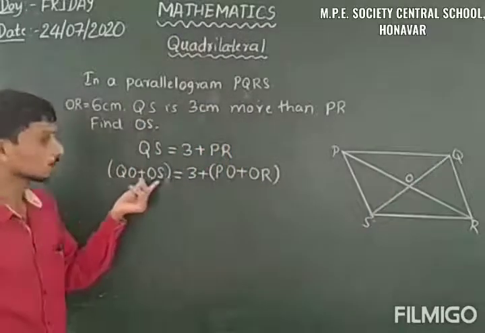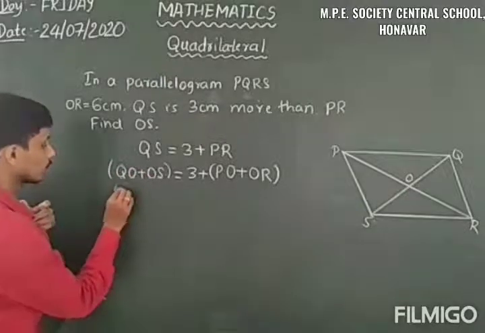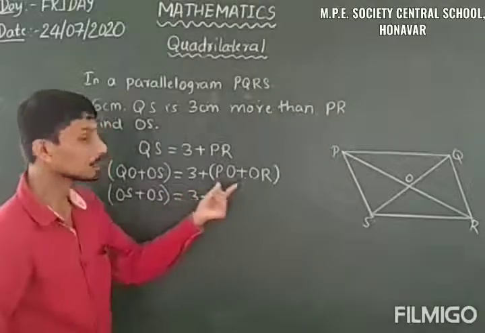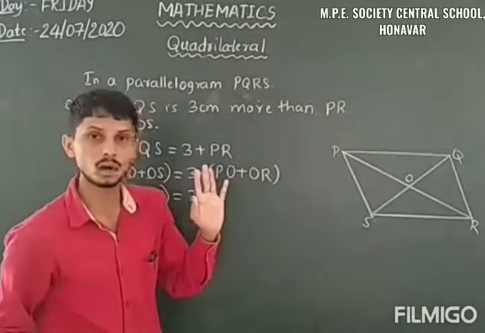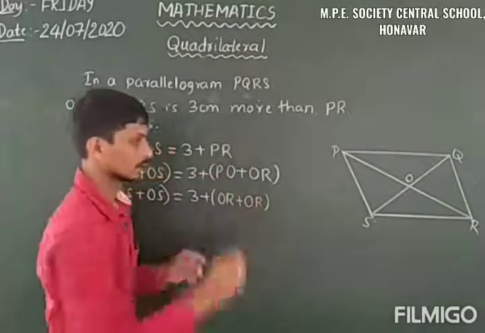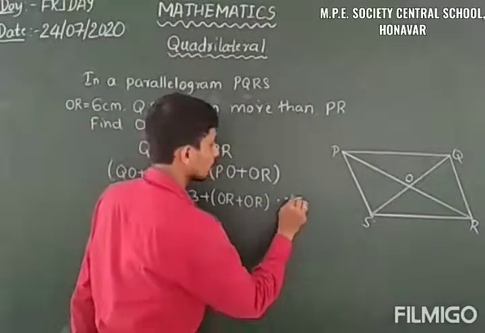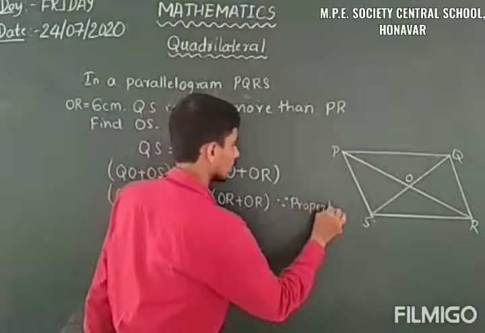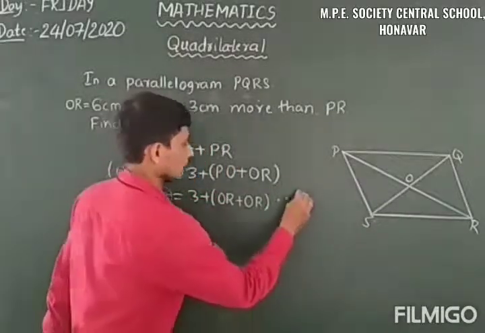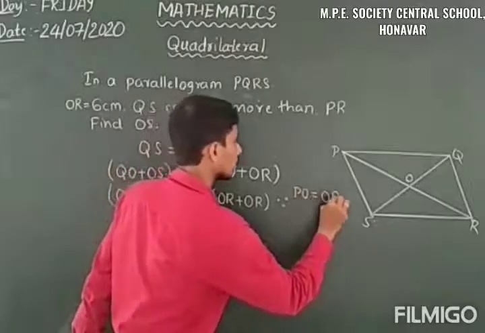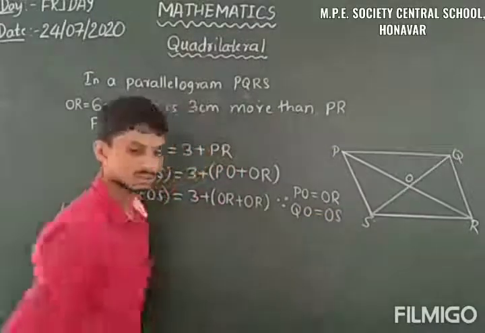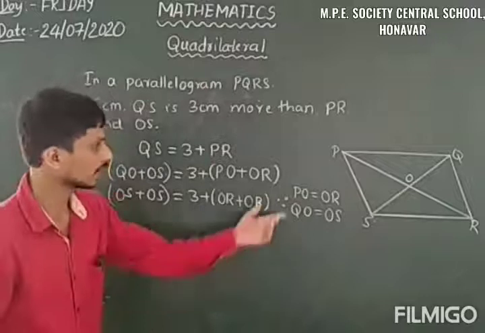So QO plus OS, I will write as OS plus OS is equal to 3 plus PO plus OR, which I will write as OR plus OR, because PO is equal to OR and QO is equal to OS.